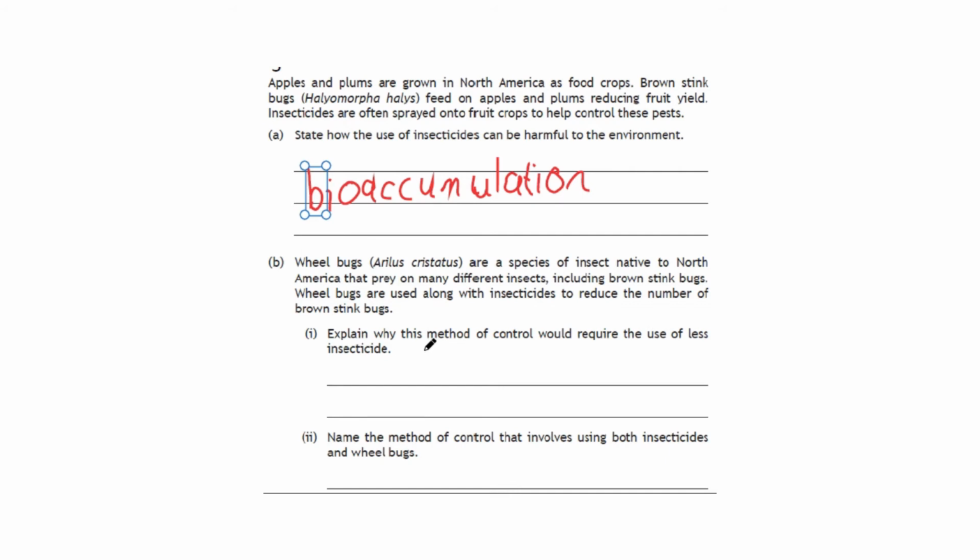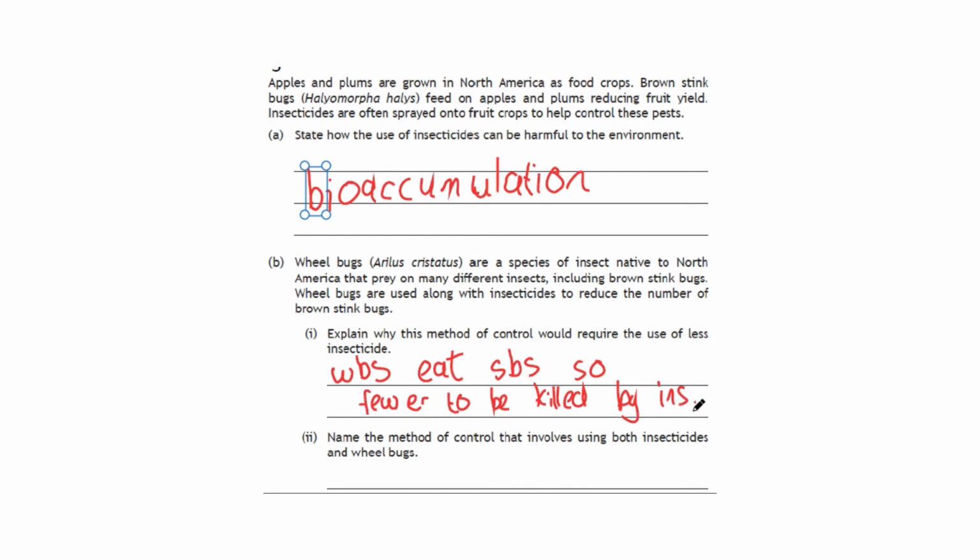So you've got to kind of have this in two parts. So the first bit is that the wheel bugs, so you're going to say the wheel bugs eat, WBS means wheel bugs, the wheel bugs eat the stink bugs, SBS, and then you need to say so that means there's fewer to be killed by the insecticide.